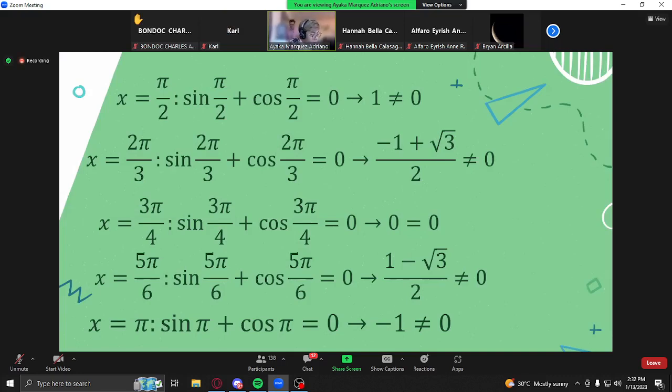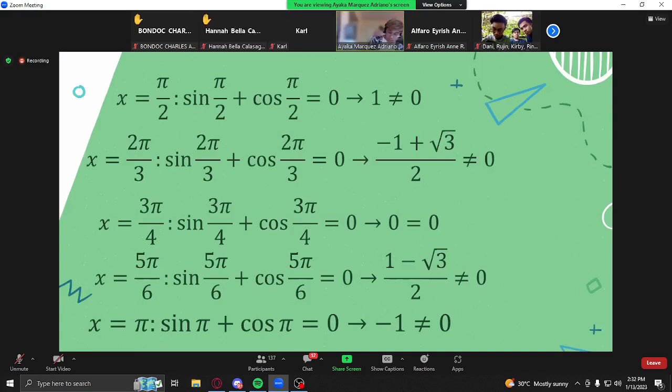Yes, Charles? Negative square root of 3 over 2. Ay, sorry po. What I mean is, ano yung equivalent degree measure ni 3 pi over 4 radians? 180 degrees.